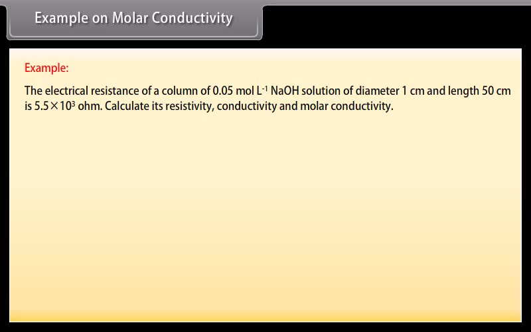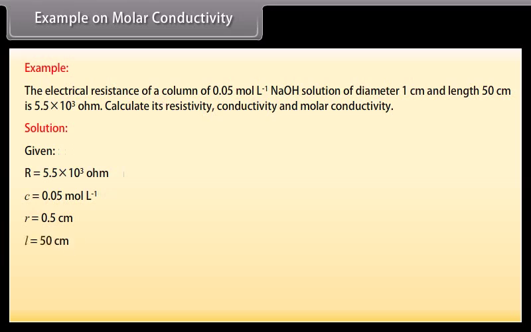Calculate its resistivity, conductivity and molar conductivity. Let's see the solution. Here the given values are R is equal to 5.5 into 10 raised to the power 3 ohm, C is equal to 0.05 mole per liter, r is equal to 0.5 centimeter, L is equal to 50 centimeter.